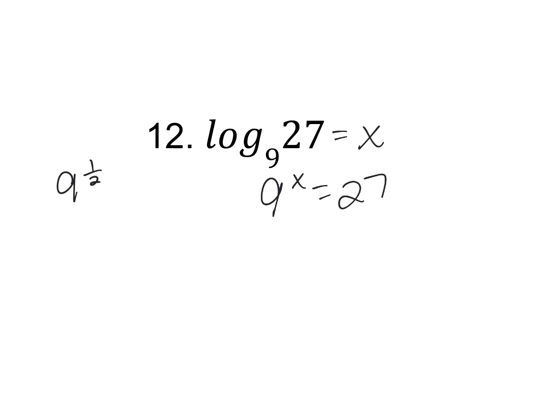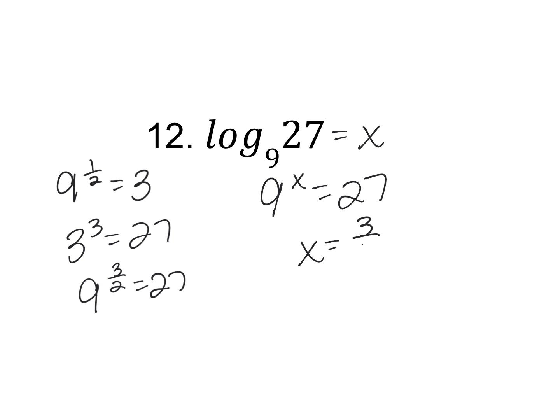So square root it, and you get 3. Okay, well, I can get 3. 3 to the third is 27. I remember that. So now if I write this as 9 to the 3/2 power, that would equal 27 because you would square root it first and get 3, then raise it to the third power. So x on this is 3/2.